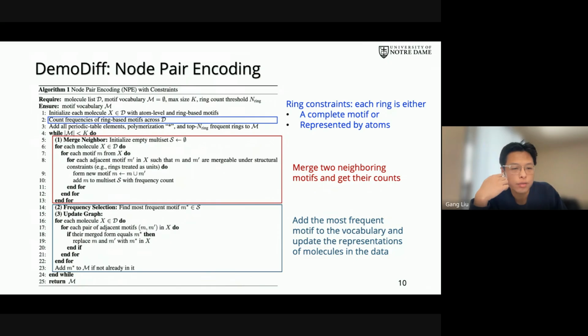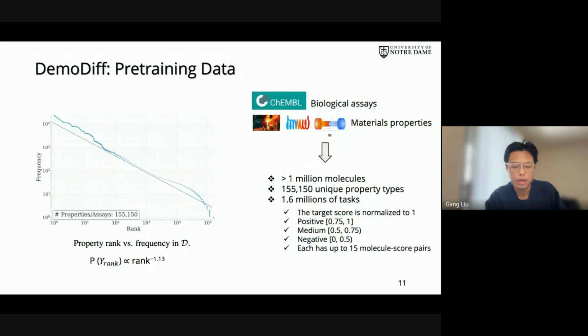Then from line 15 to line 23, this step updates the representation of molecules in the molecule list after we select a new motif and add it to the vocabulary. We repeat these three steps until the target size of the vocabulary is achieved. That's the algorithm.